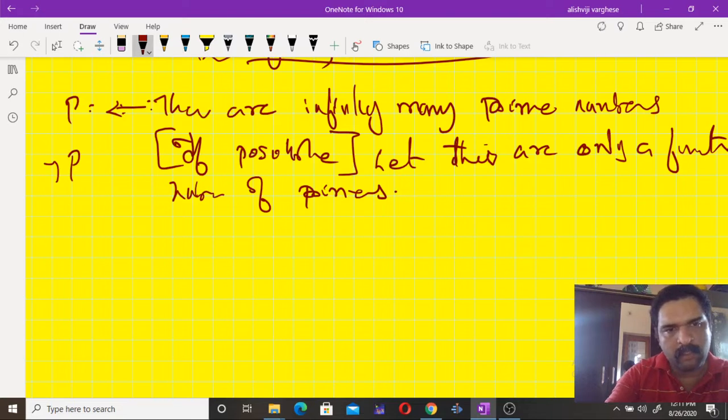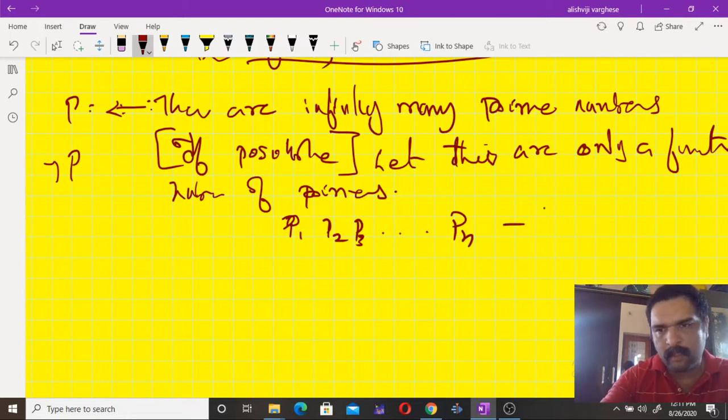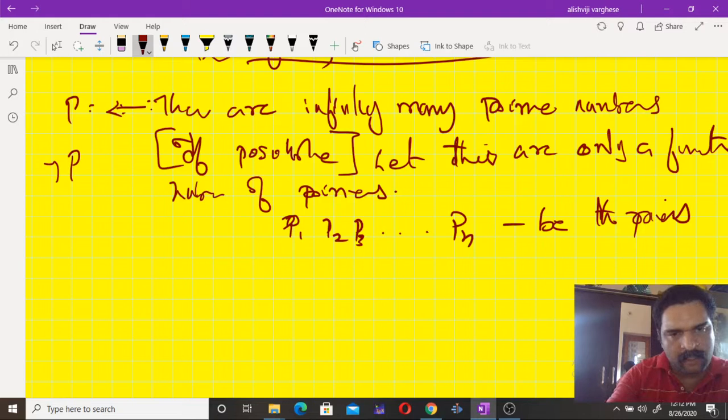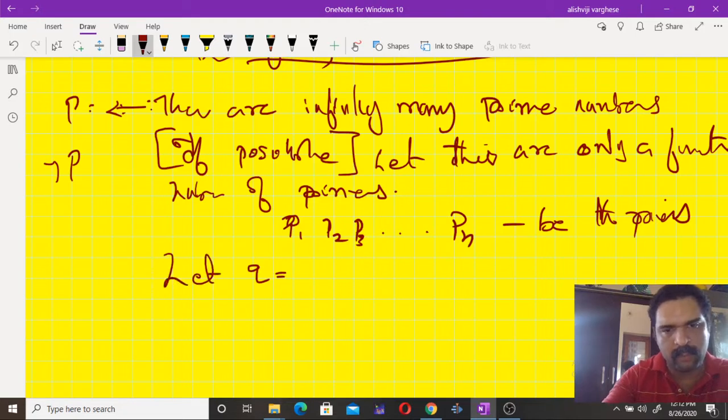Now we develop a logical sequence of arguments from the negation P. If there is only a finite number of prime numbers, then we can name them as P1, P2, P3, etc., Pn, and we construct a new number, say Q, equal to P1 into P2 into etc. Pn, plus 1.